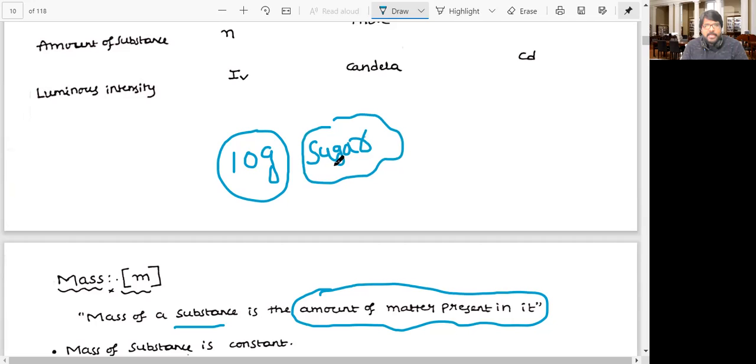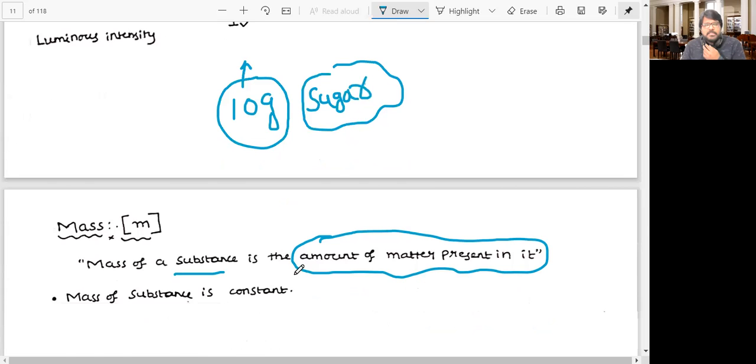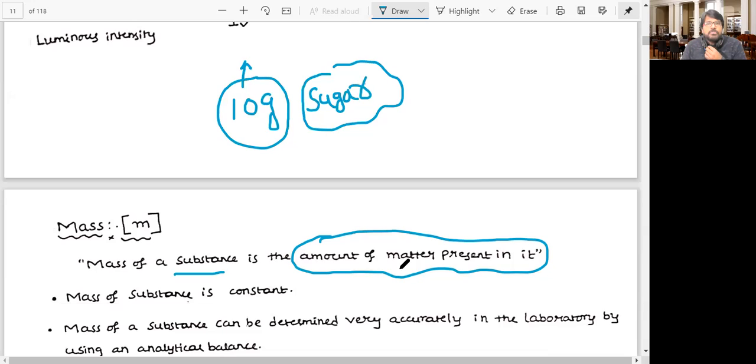This sugar has how much amount of matter in this example? 10 grams. So here this is called mass. So mass of a substance is the amount of matter present in it. How much amount of matter present in it? So it may be 10 grams, 20 grams, 100 grams, 1 kg, 1 ton, whatever it may be. So mass of a substance is the amount of matter present in it.